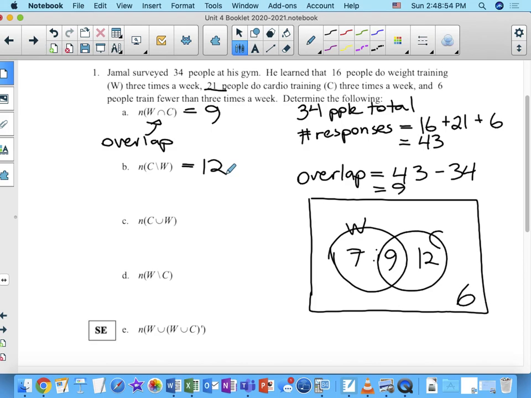You can think of that also as only C. The number of people in C union W, right? That's the or, so we look at either or both. And so that's 7 plus 9 plus 12, and that, I believe, is 28. The number of people in W minus C, so now instead of C minus W, the only W part, that's 7.